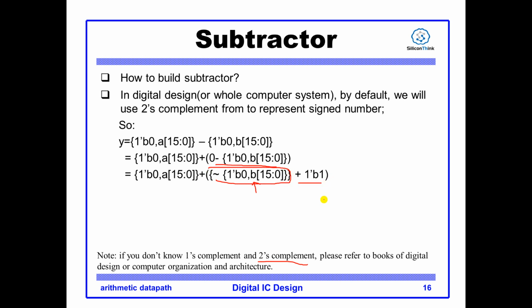This is the function of 2's complement: change the negative number to its 2's complement format. Then use an adder. The inversion is just several inverters in parallel, and you can take the plus 1 as a carry in of 1. Then use the adder to do the subtract.